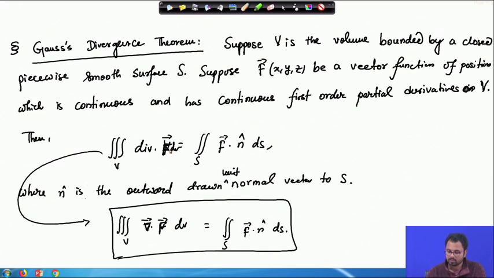It is not V, this is F. I thought it is the function V, but it is actually F. So, you take the divergence of F dV equal to the surface integral of F dot n dS.